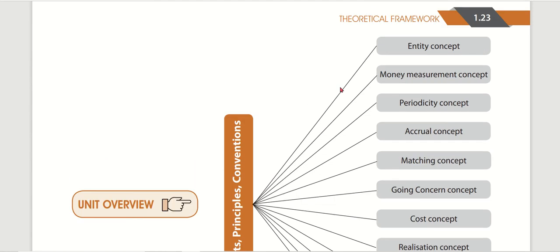When you acquire a fixed asset, let's say you have acquired a car by paying 10 lakh rupees for business purposes. This car which you have acquired by paying 10 lakhs is a fixed asset of yours, so you are expecting to use it maybe over the next 5 years.